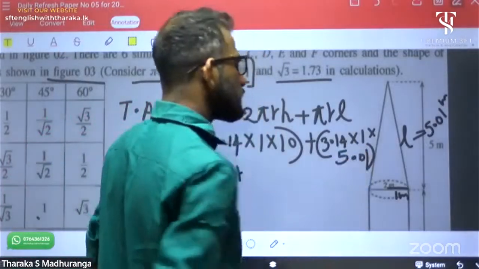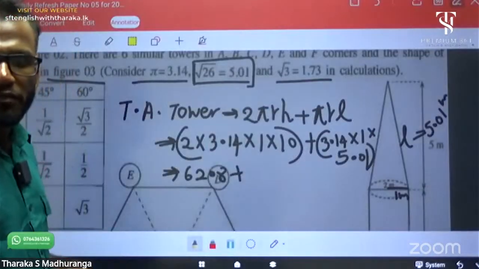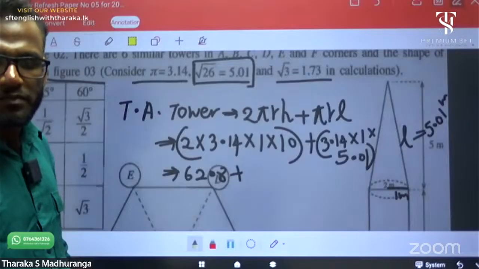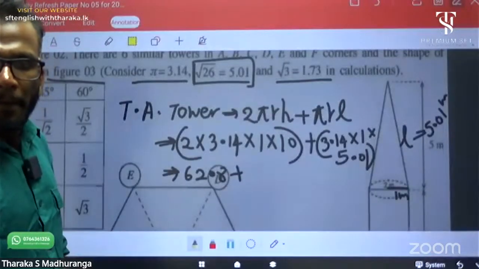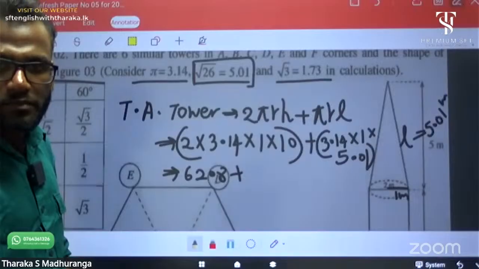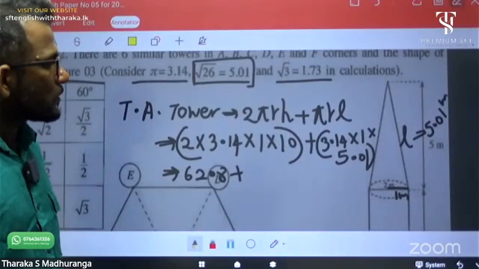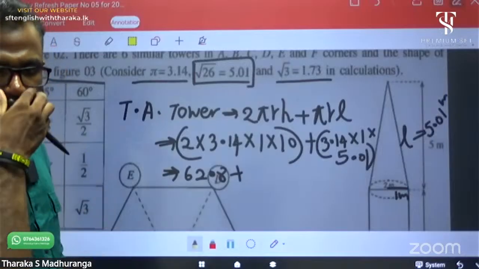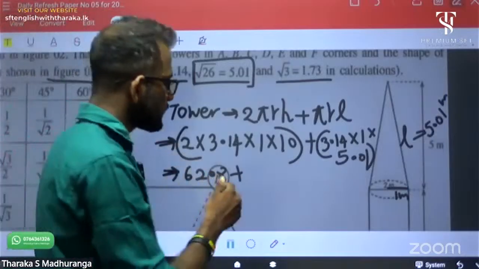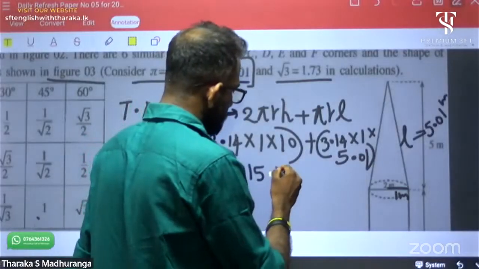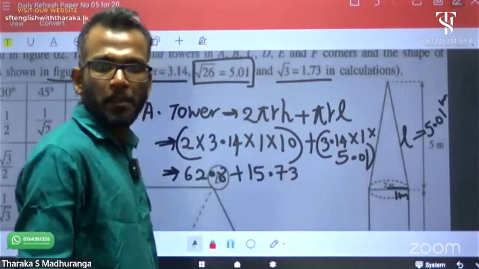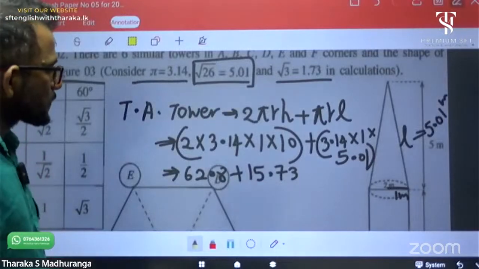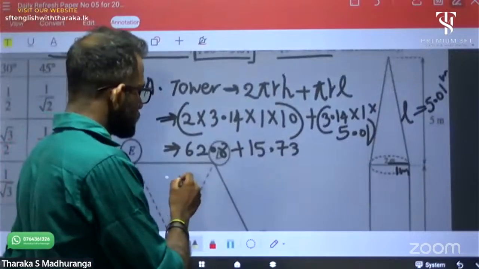I want this multiplication: 3.14 into 5.01, which is 15.73. Okay, now you can add these two values.